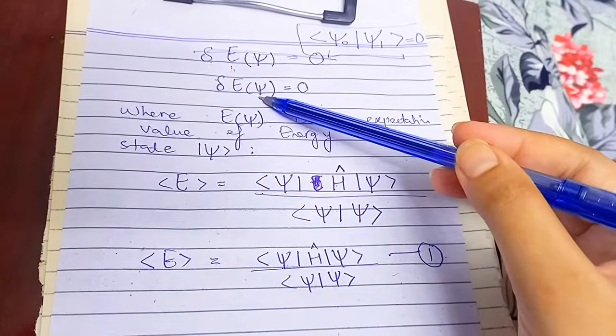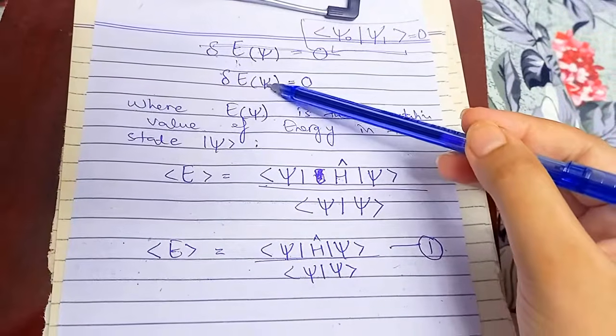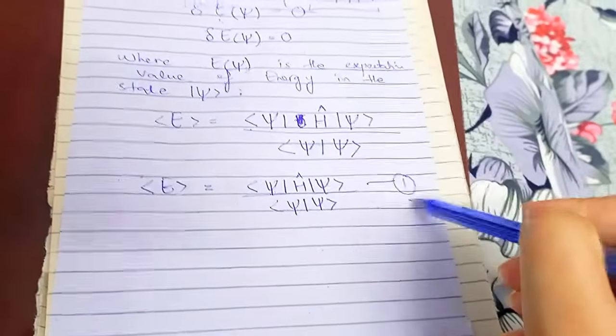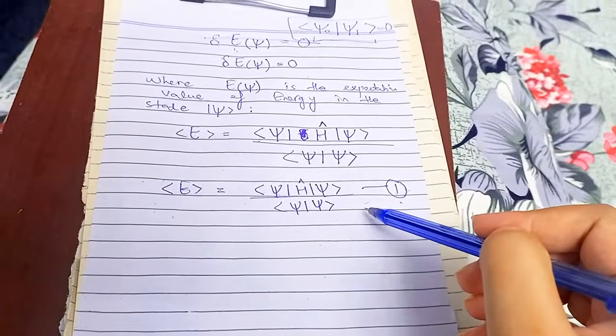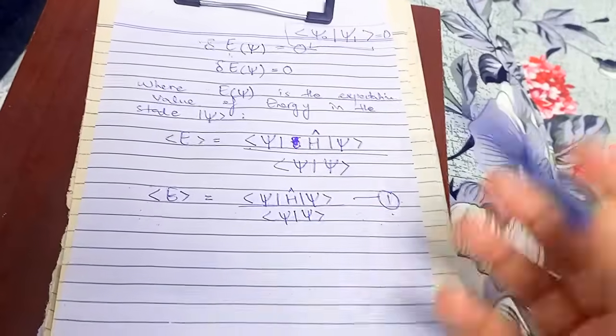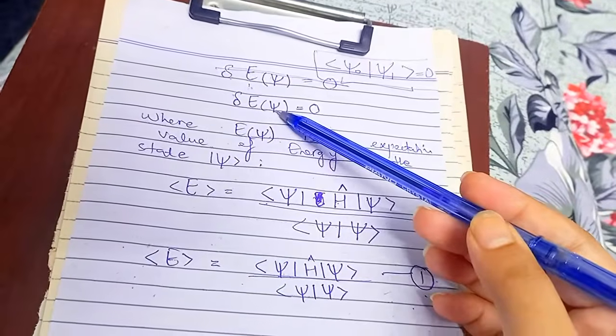We first define a trial function for psi, then we put it into the expectation value expression, which is this equation number 1. Okay, this is a really important equation. Then what we do is differentiate this equation with respect to those unknown parameters that we introduced in this trial function psi.